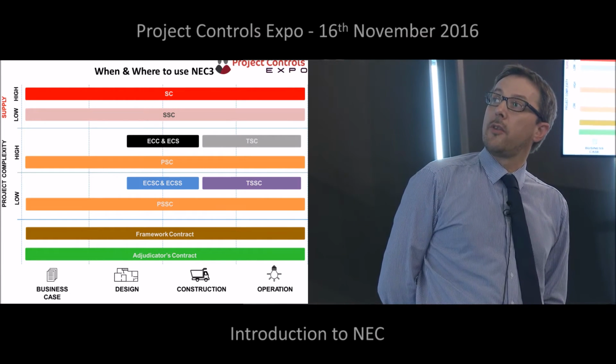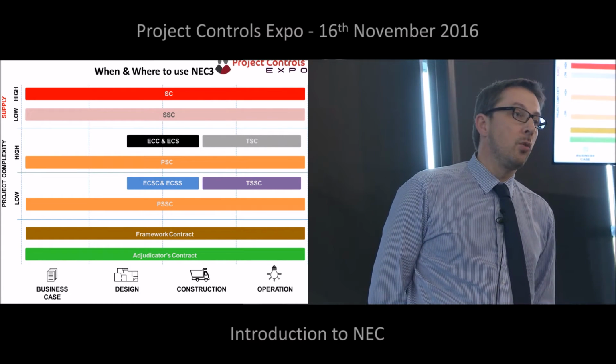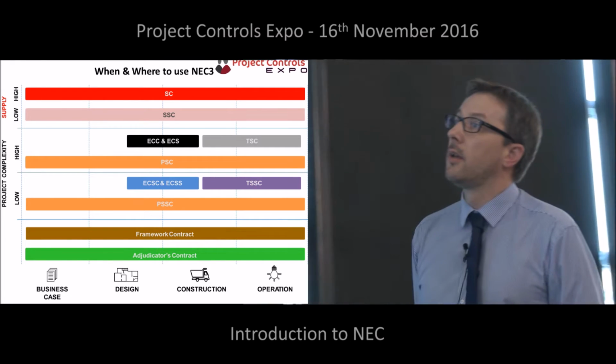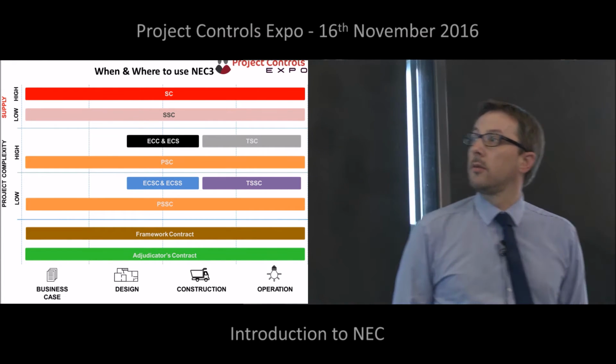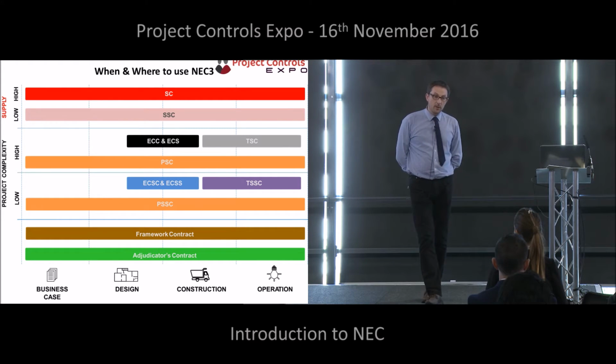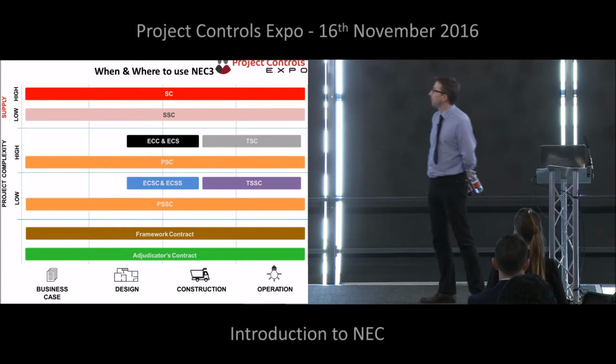So for each of the 4 long form contracts, there are the equivalent short form contracts, okay, for engaging, as I say, works or services. And then at the bottom, there are 2 other contracts. There's a framework contract and then there's adjudicator's contract. Okay.